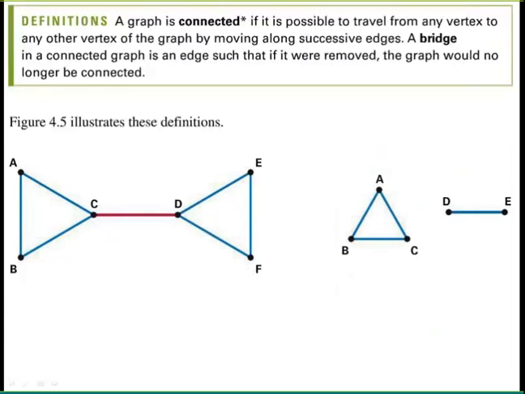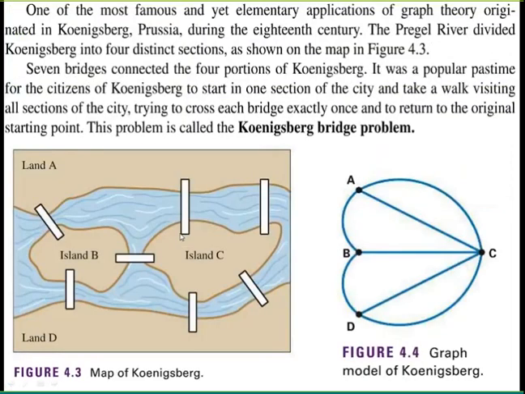So here's what the picture looks like. It was a popular pastime back then to walk the bridges and see if there's a way to walk each one exactly once and return to their original starting point. So this was just what people did apparently on the weekends.